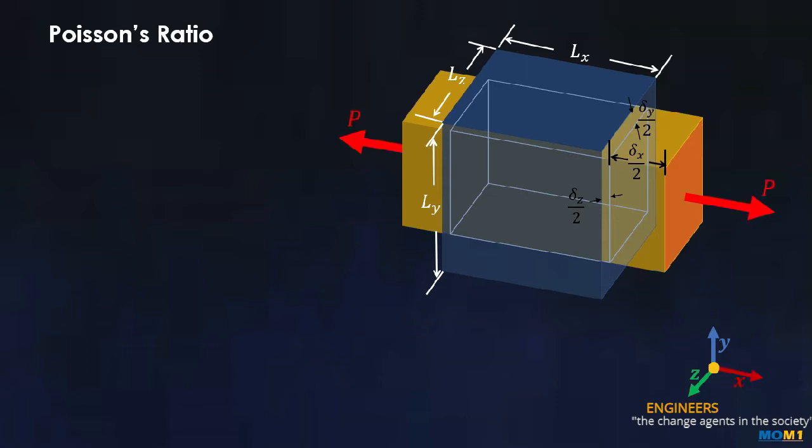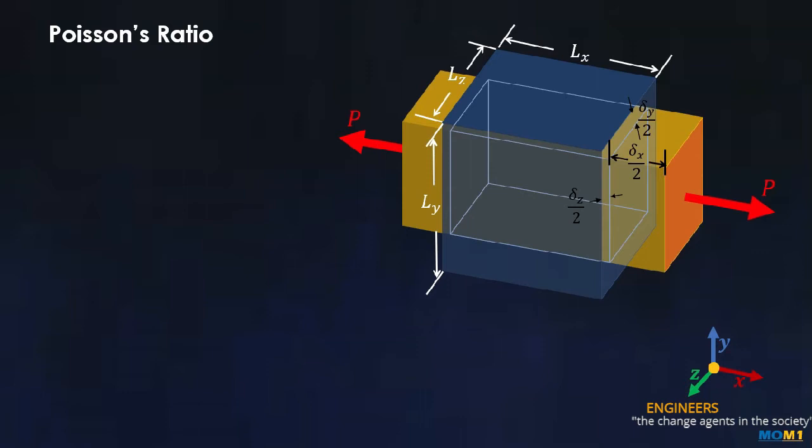Further, when the axial load is applied on the cube, the stress is produced along the x-axis, which is sigma x is equal to P upon A. However, the stresses along y-axis and stresses along z-axis are zero. There are no stresses along the z-axis and along y-axis, whereas the strains are developed along all the axes.